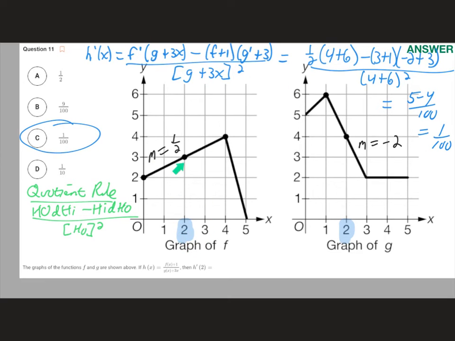F of 2 is 3, and f prime of 2 is 1/2, because the slope at 2 is 1/2. G of 2 is 4, and g prime of 2 is negative 2, because the slope of this line is negative 2. So when you replace all the f's and g's and f primes and g primes with their respective values, you get something that looks like 1 over 100, which is the correct answer.